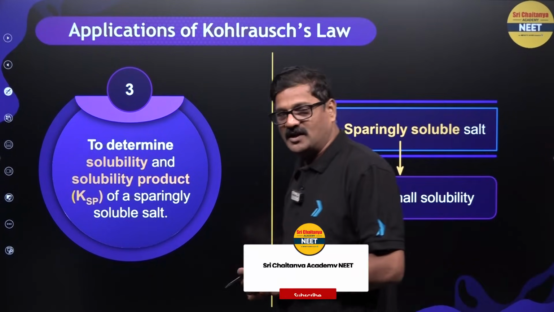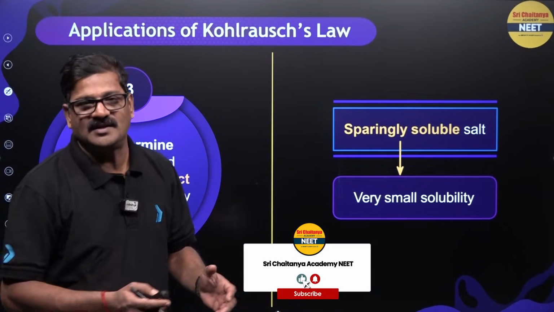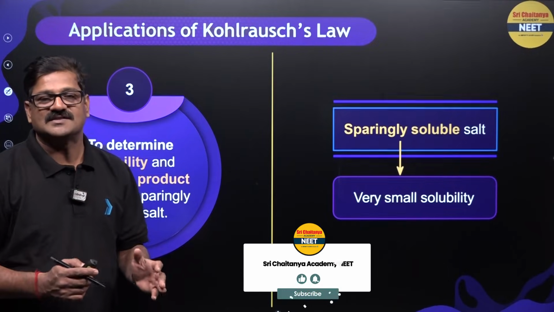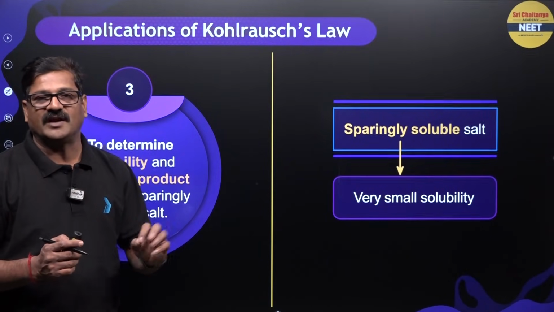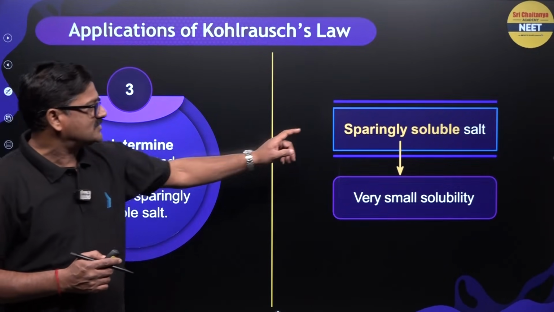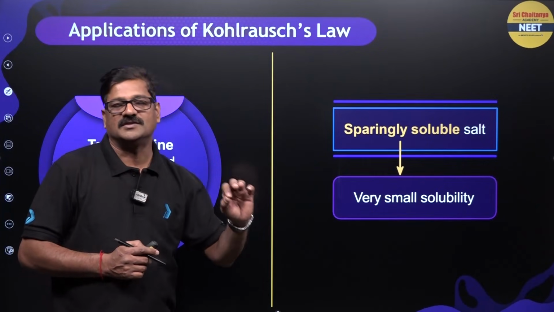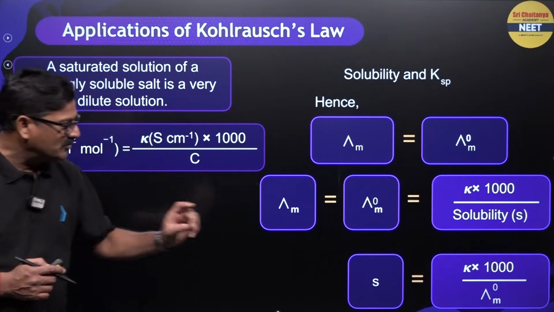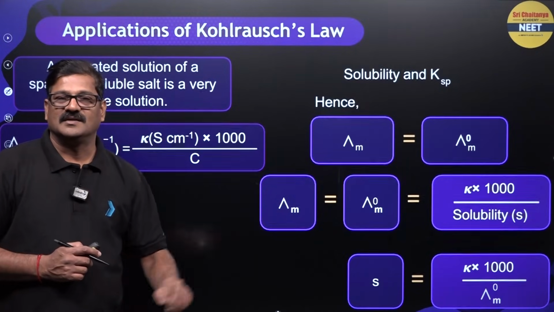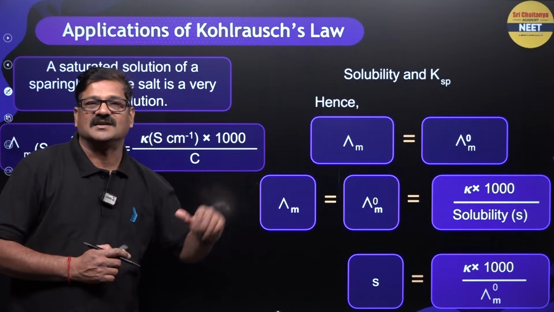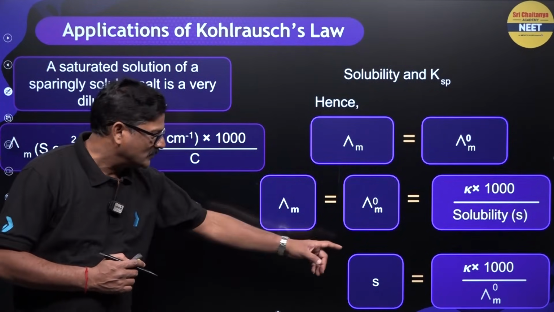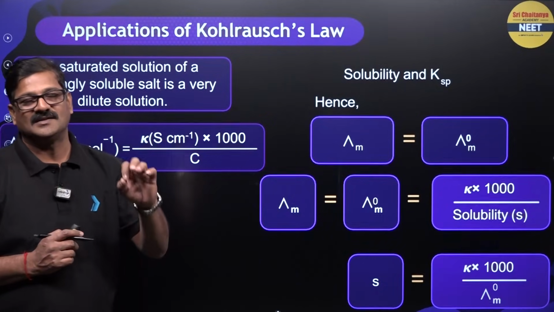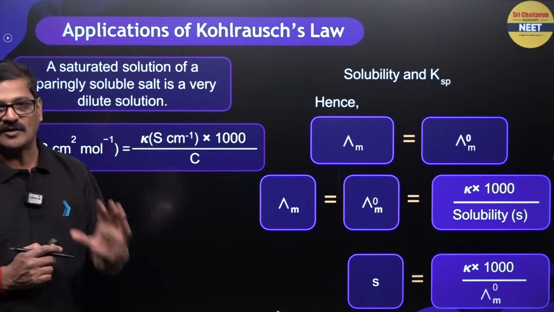Whenever a sparingly soluble salt is saturated, it has its solubility product constant Ksp. A sparingly soluble salt has a very small solubility. To calculate this, solubility is said to be specific conductance into 1000 by molar conductance at 0 concentration, the limiting molar conductance.